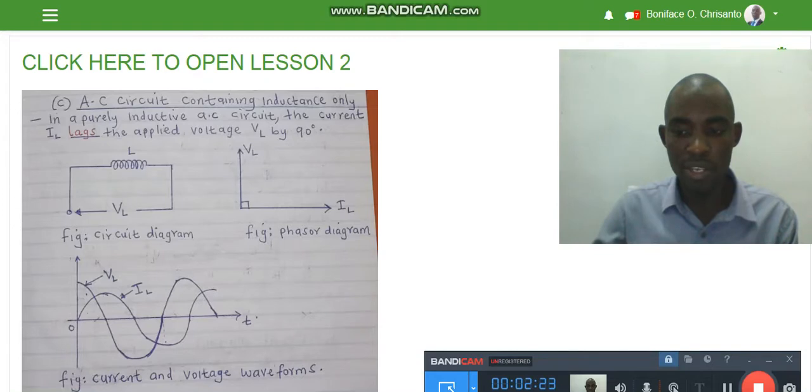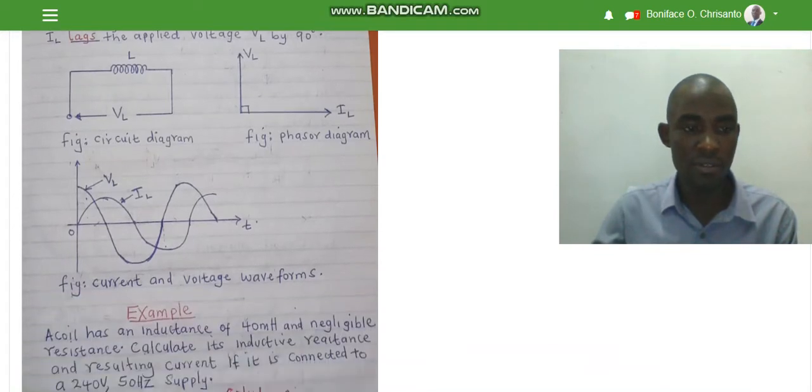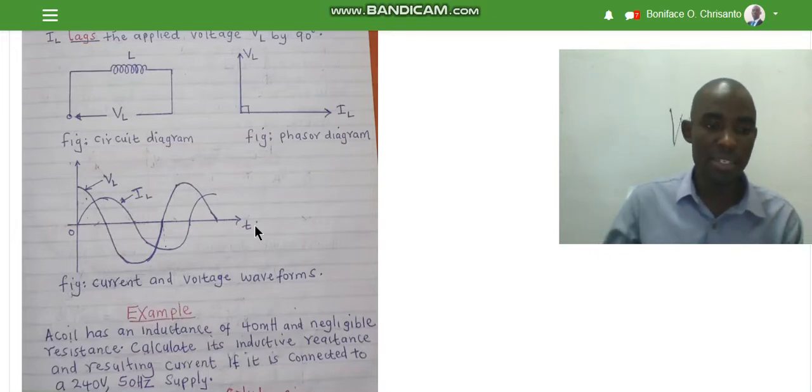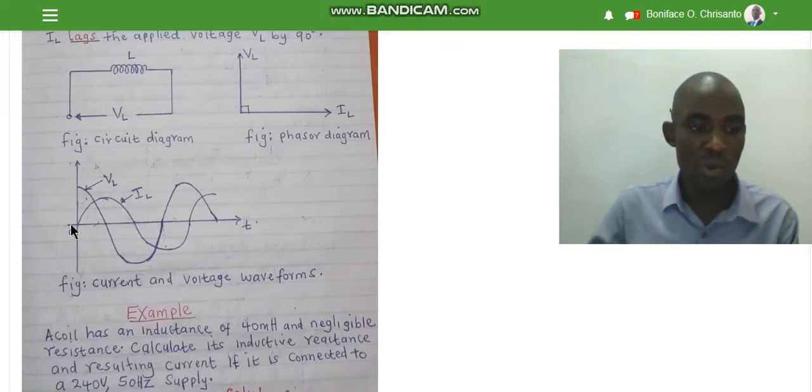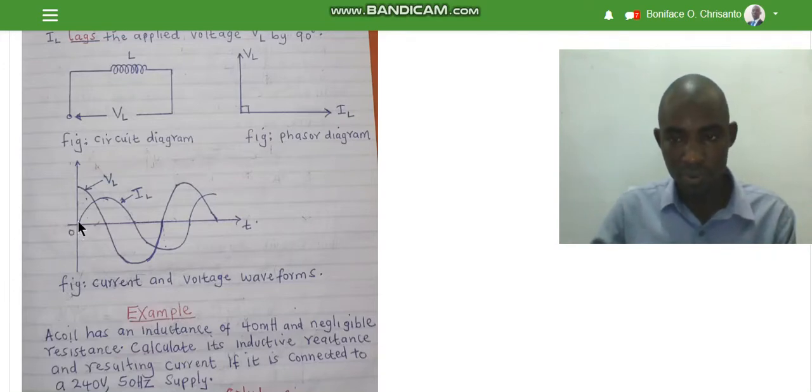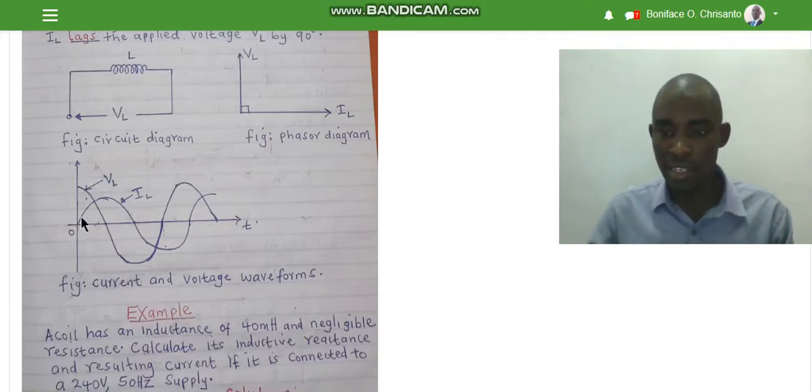When you are drawing the waveforms, this axis is taken to be the time, because we are drawing time against the parameters. Current is always taken to be the reference. The current will begin from 0, because current is taken as the reference.